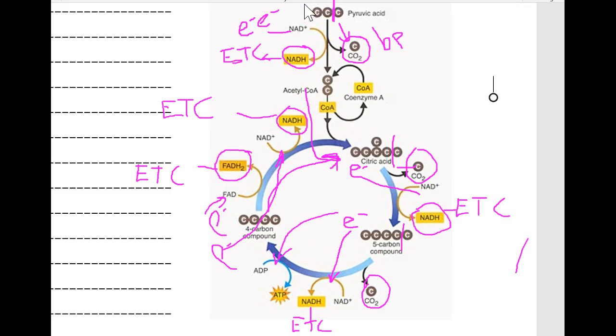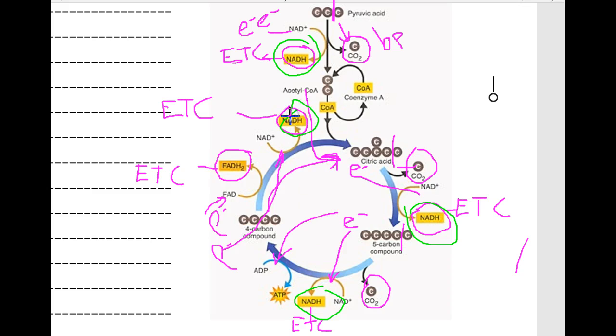Let's switch colors here for a minute. Let's do this bright green, and let's just see how many electron carriers we got from the series of energy extracting reactions. We got 1 NADH here. We've got 1 NADH here for 2. We've got 3, and we have 4.